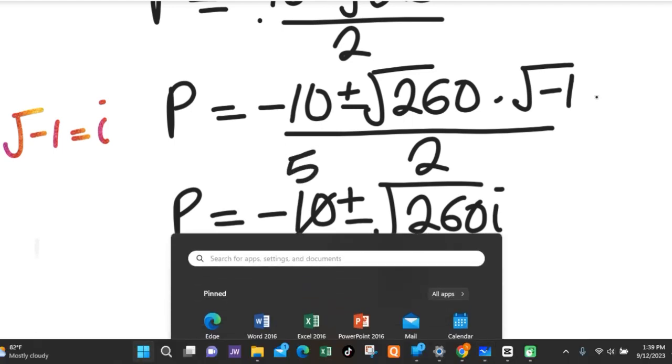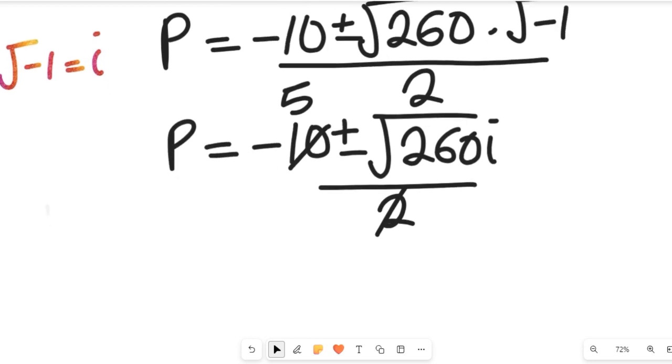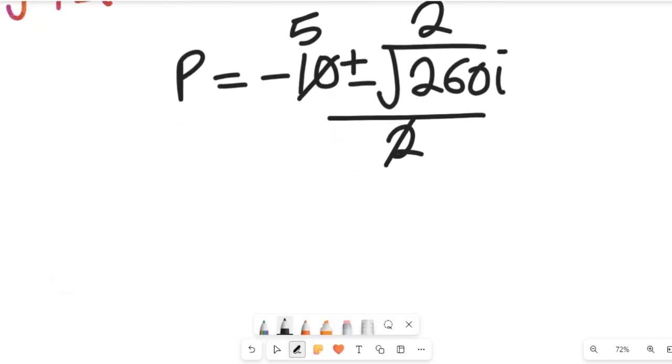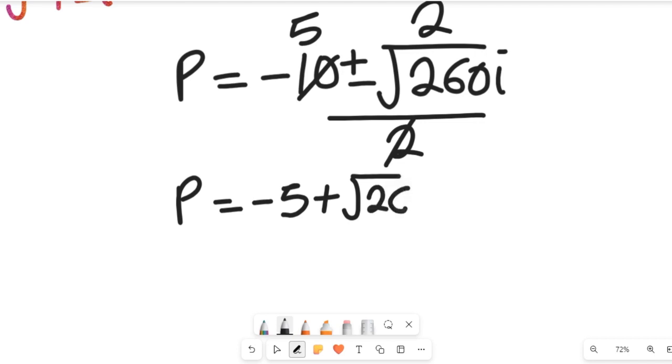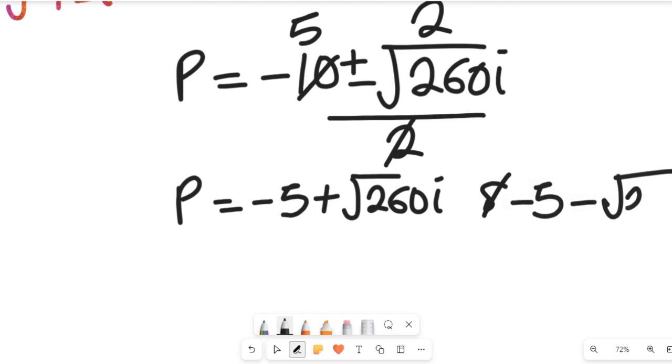So the value for p, which is the solution to that expression, will now be negative 5 plus the square root of 260 imaginary, and we'll have negative 5 minus the square root of 260 imaginary. This will be the solution to that expression.